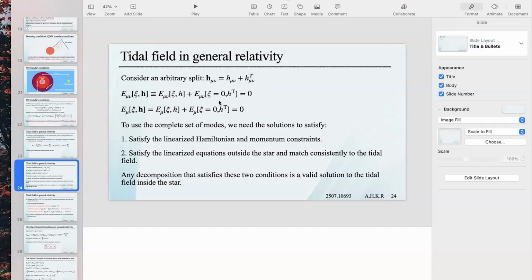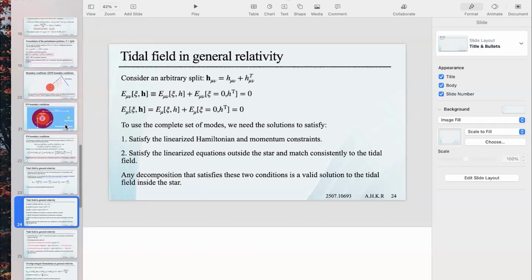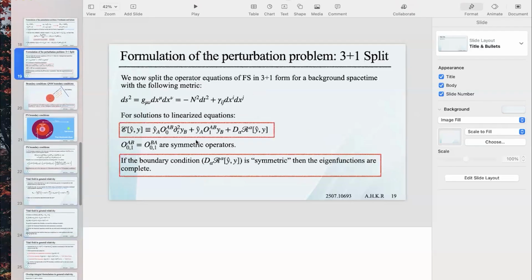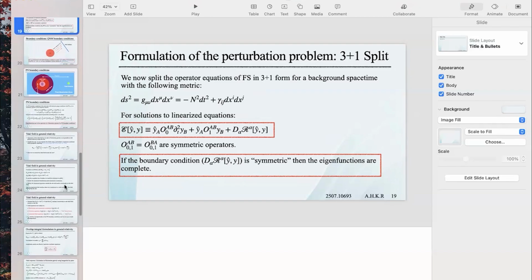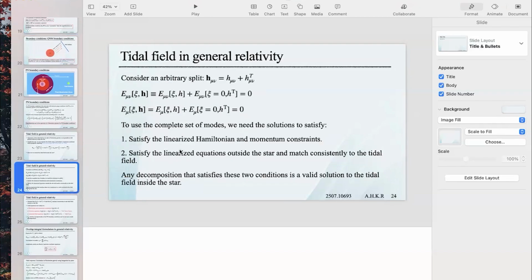The other requirement, which is technical, is that this operator equation, which I have written down here, is only valid for solutions that satisfy the linearized Hamiltonian and momentum constraints. Because of these technical requirements, you need to satisfy these two requirements to use the modes.